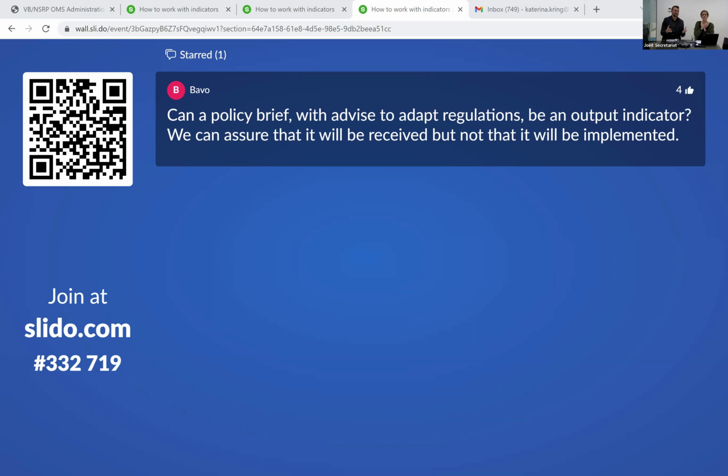Say you have a certain amount of outputs, 3 strategies, and you say only one will be taken up. Then it is a question mark. Why is it less than the outputs created? So you should be careful not to overplan and not to underestimate your results.